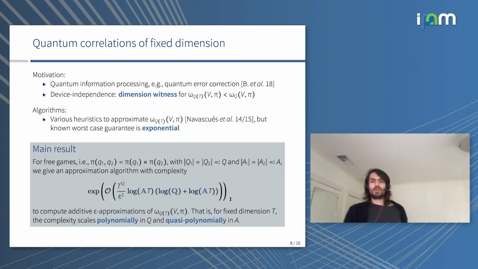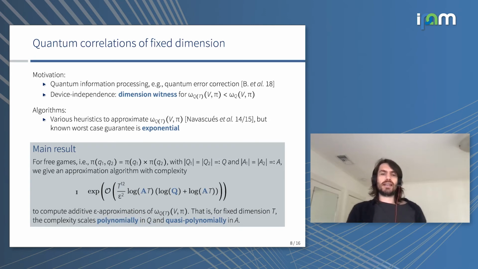The way to think of this is that we fix epsilon to some constant, let's say. We also fix the dimension of the quantum assistance, with this pretty bad scaling, but then this algorithm runs polynomially in the number of questions.